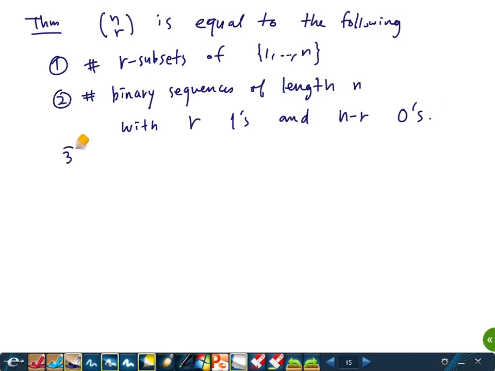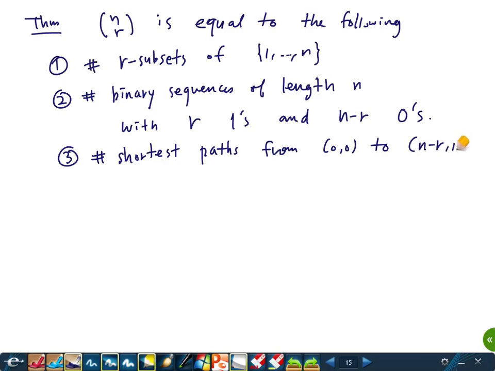And third, the number of shortest paths from (0, 0) to (n minus R, R) in this xy grid. Let me explain this. Let me prove this. So first is true by definition.